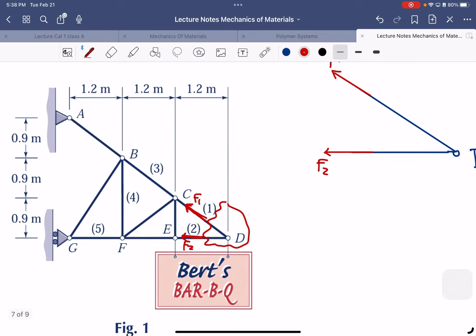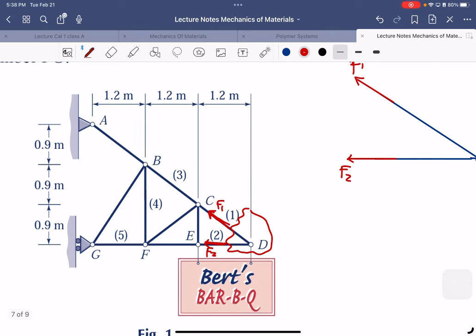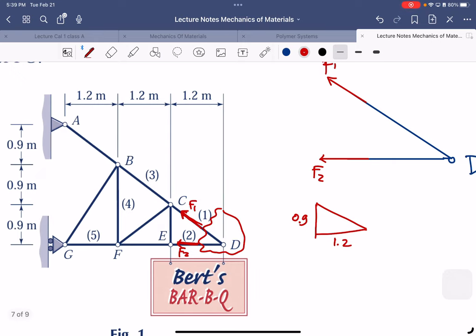And then what's next? The given information, they give the length, right? And you can see all this on the triangle. So maybe from the triangle, we can find something. So this is 1.2 and 0.9. Is that 3, 4, 5? I think 3, 4, 5, right? So let me draw this triangle here. So this is 0.9 and 1.2, 3, 4, 5, right?